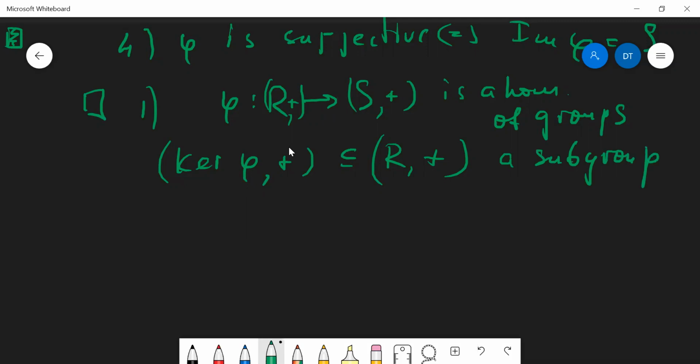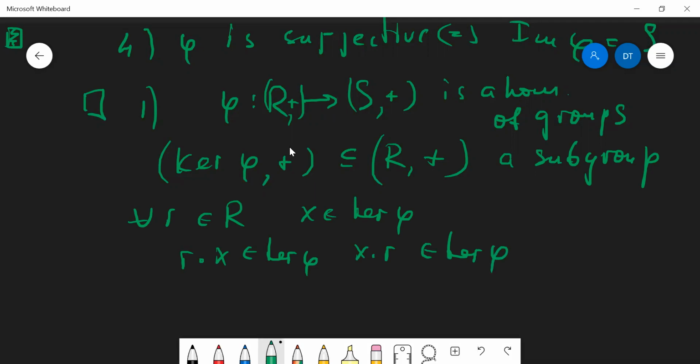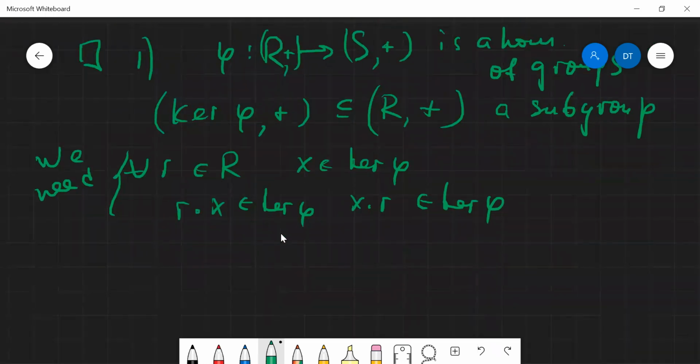So now we have to check the second property of the ideal. We want to show that for any element r from the ring R and any element x from the kernel of phi, r times x is in the kernel and x times r is in the kernel. This is what we need to check. But how do we check that something belongs to the kernel?